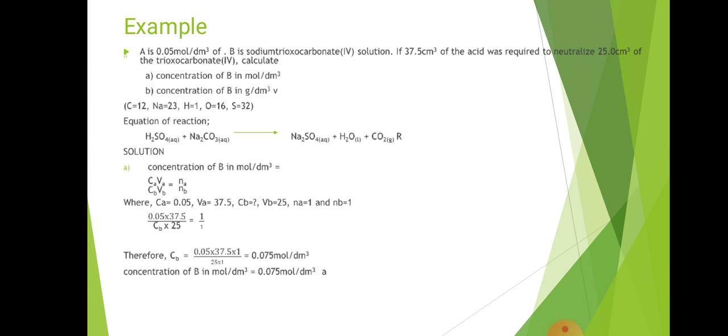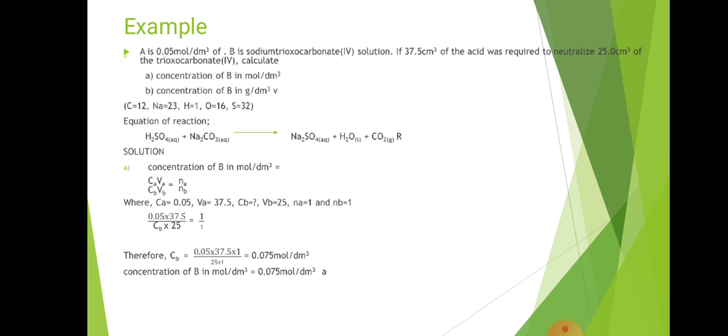For example, if you are given 0.05 moles per dm cube of an acid titrated against a solution of a base, which is sodium trioxocarbonate(IV), and if 37.5 cm cube of the acid is used to neutralize 25 cm cube of the base, we are asked to deduce the concentration of the base in mole per dm cube, or the concentration of the base in gram per dm cube.